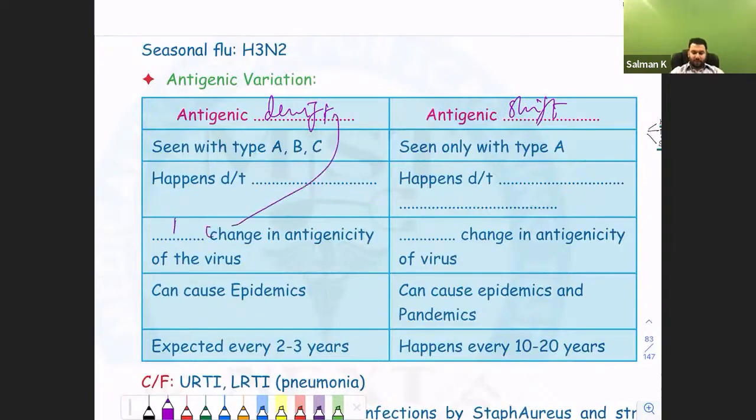It's a minor change in the antigenicity and it happens due to a change in only one place, a point mutation. Whereas antigenic shift happens due to genetic reassortment. This is the word right here. So one is a minor change, one is a major change.